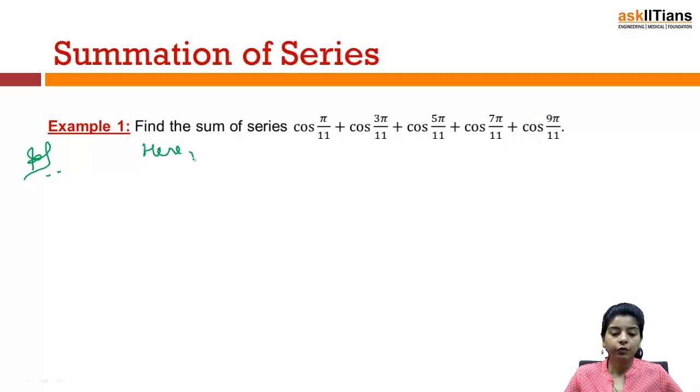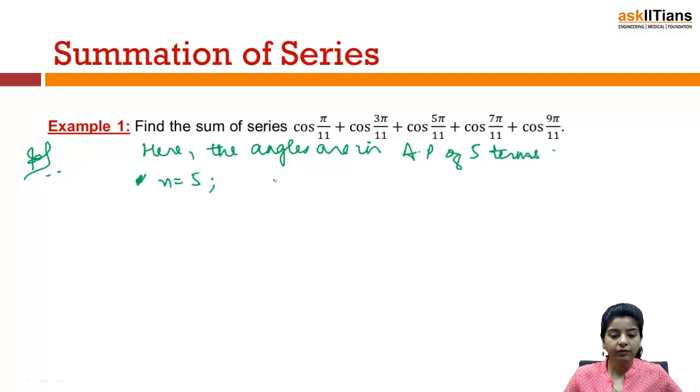So first of all, what we notice here is that the angles are in AP of 5 terms, right? And n is the number of terms, so that is 5. Then alpha denotes the first term, it is pi/11. Let beta denote the common difference.